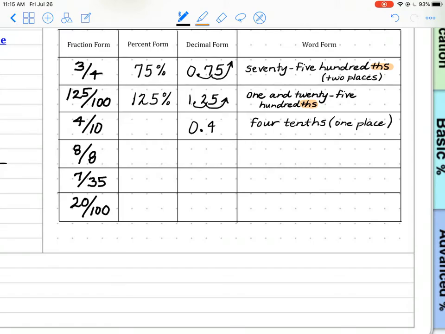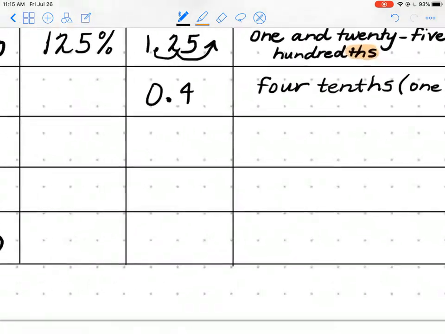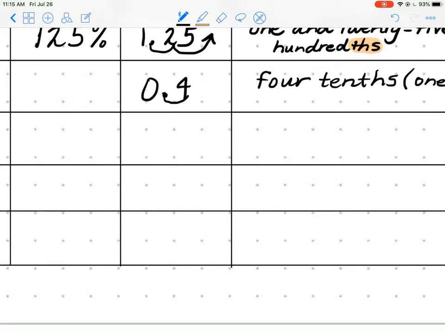Then to get your percent, remember you have to move it 2 places to the right. So that's going to be 40%. You have to add what I call a ghost 0 there to make that second place.